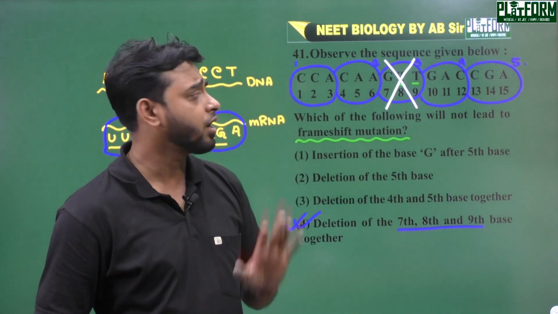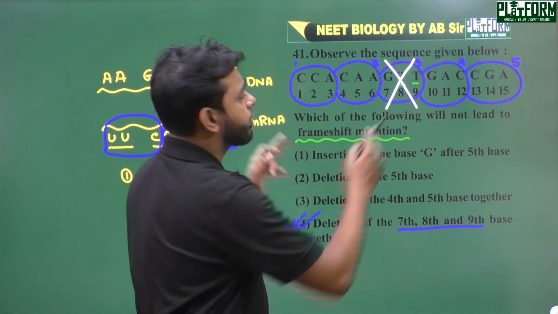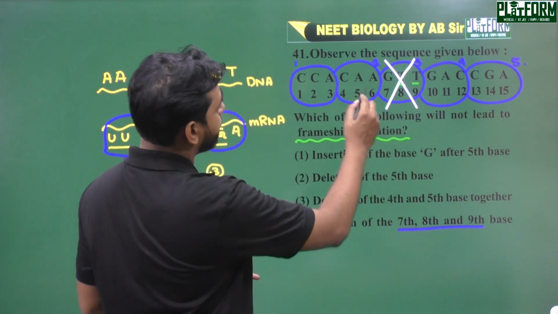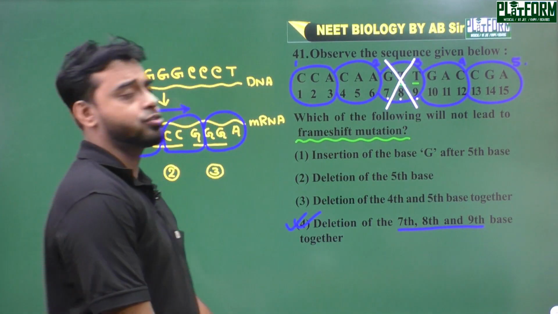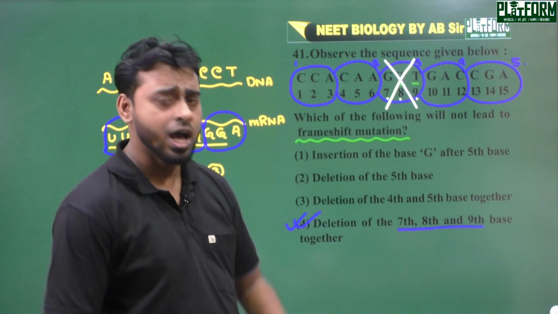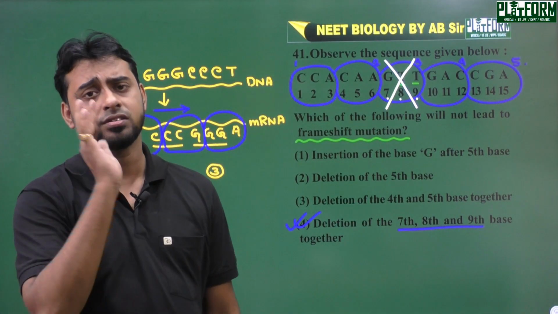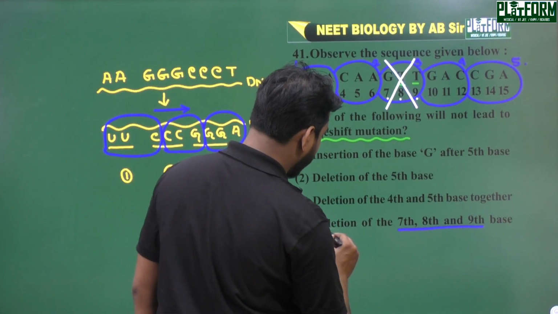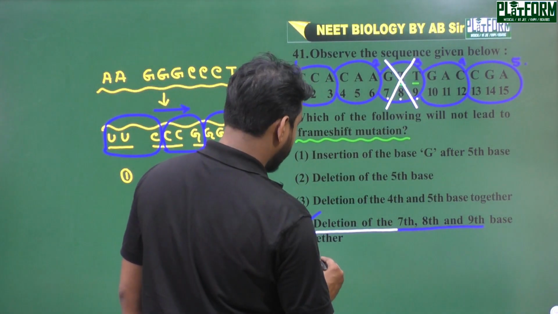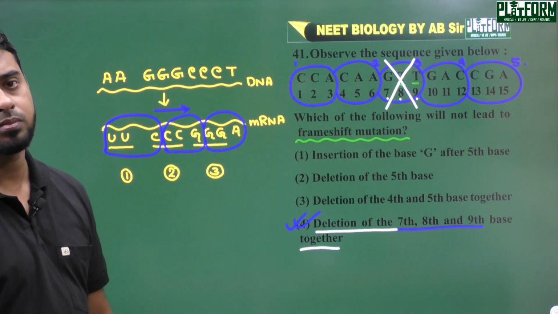But there is no shift in the total reading frame if we delete the 7th, 8th and 9th nitrogen bases, because we are deleting a complete codon, not a single nitrogen base. So the correct answer will be the deletion of the 7th, 8th and 9th bases together. Okay.